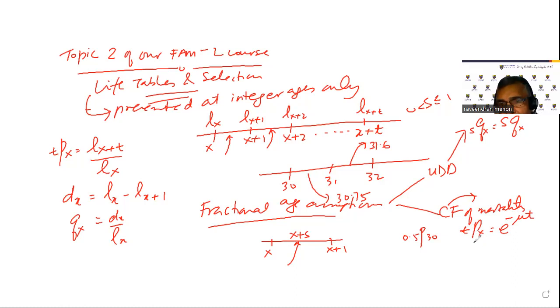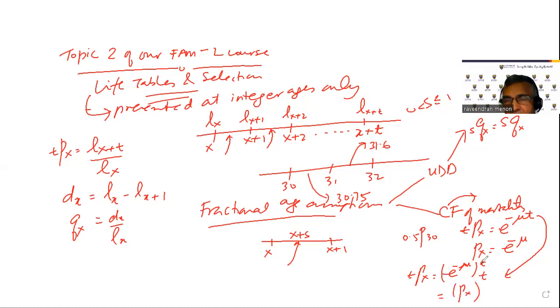So if t equals 1, then px will be equal to e to the power of minus mu. So we can write tPx as e to the power of minus mu, all raised to t. What is e to the power of minus mu? px. This will be raised to the power of t.